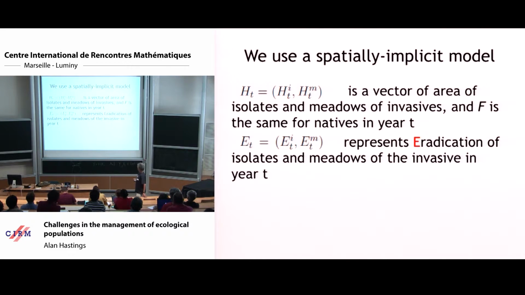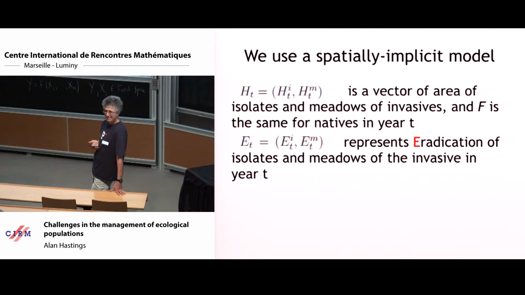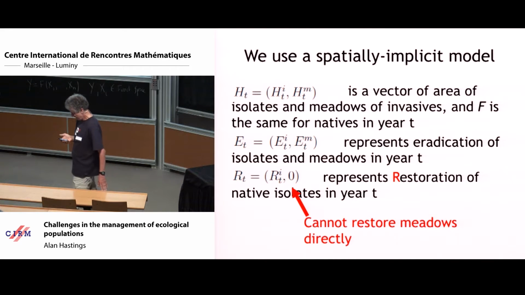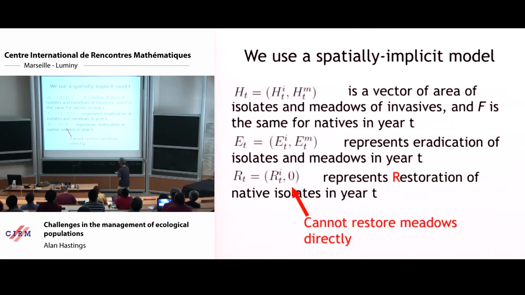And then we have a vector that represents one part of our management strategy, which is eradication. I for isolates, M for meadows, E for eradication. And then we have another vector which represents restoration, but that vector always has a 0 in the second position because we can't plant meadows of the native.